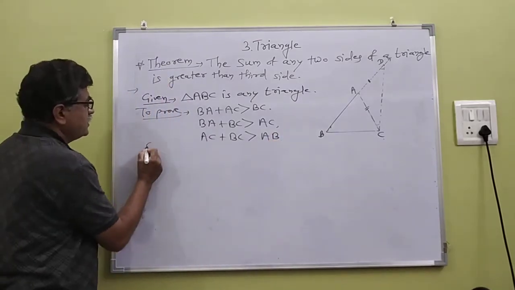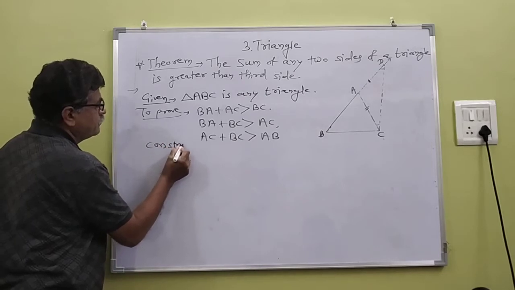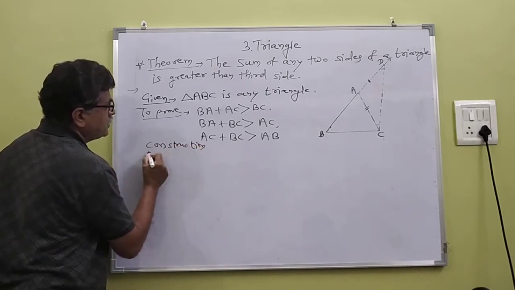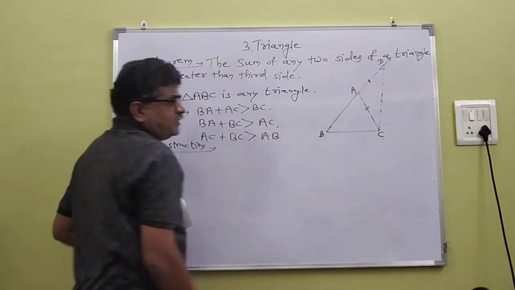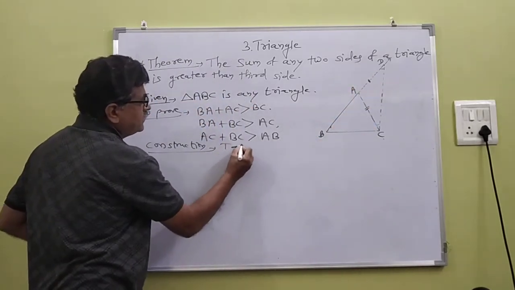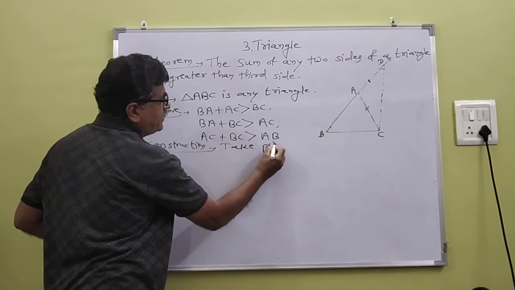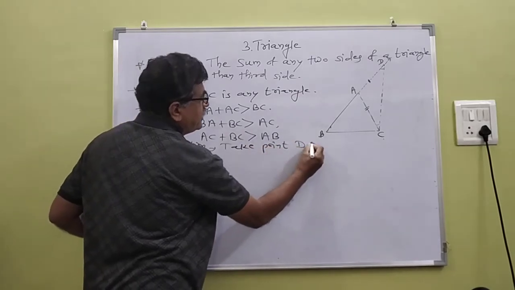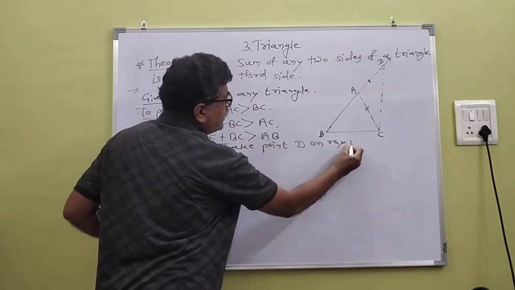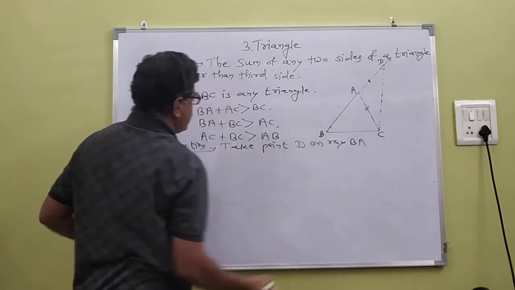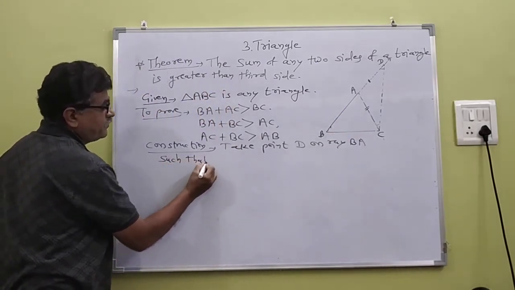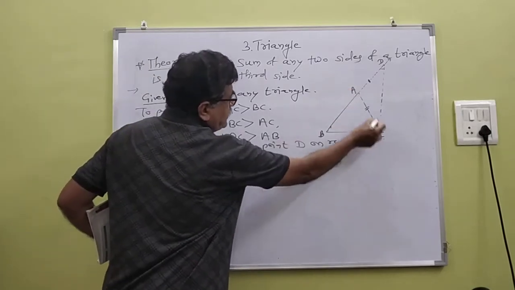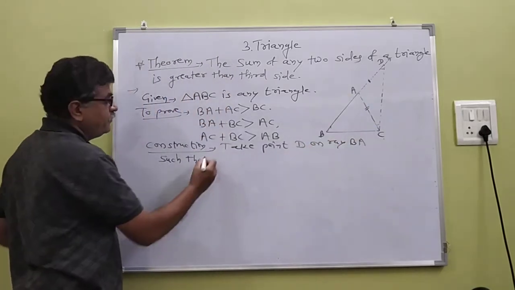Now construction: take point D on ray BA such that AC is equal to AD.